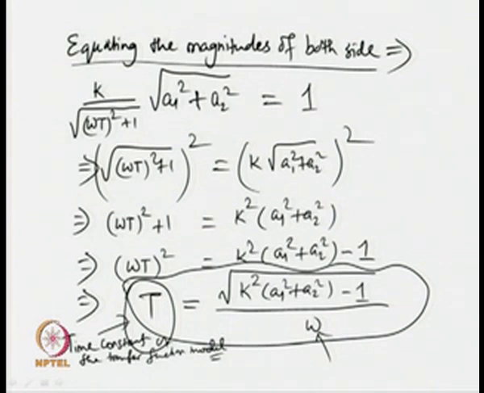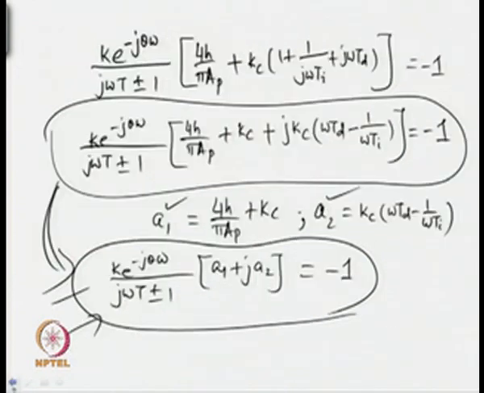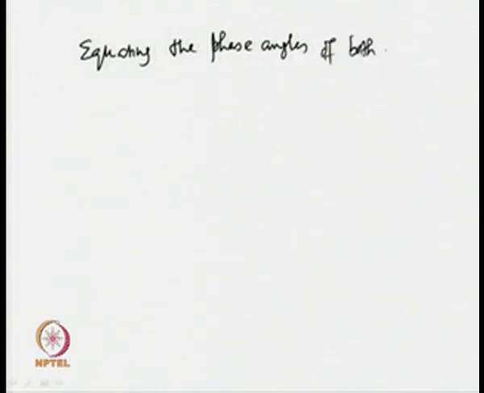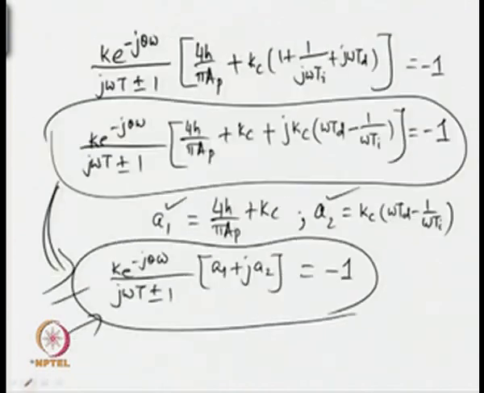Okay. Similarly, when I equate the phase angles of both sides of the equation, now this is the equation, I will equate the phase angles now. Equating the phase angles of both sides will give us minus ωθ from this term. Okay.